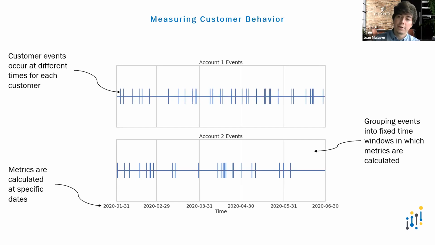We need to do this because a single event, and you can even see it in these graphs, just looking at a couple of months here, is just a tiny pixel in a much larger picture. So when we want to do an analysis for all customers, we'll want to zoom out. We zoom out by generating some sort of aggregated metric that summarizes all of the customer's behavior into a single number that makes sense in the business context.